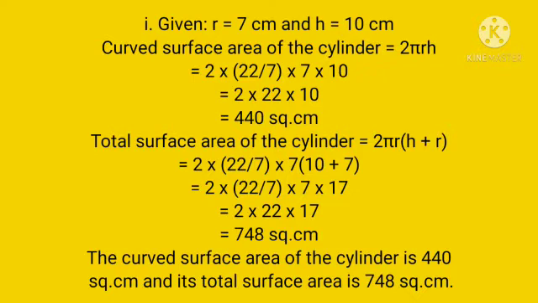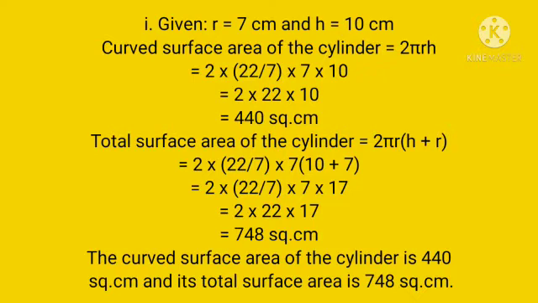First, we will add the numbers 10 and 7, which we get as 17. Therefore, total surface area of cylinder is equal to 2 multiplied by 22 upon 7 multiplied by 7 multiplied by 17, which is equal to 748 square centimeter.